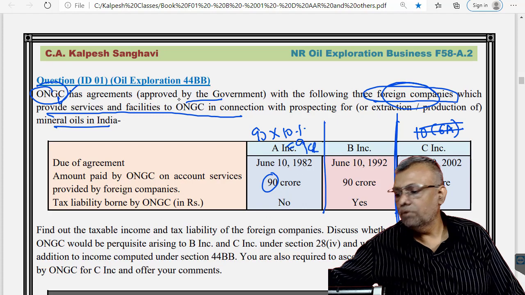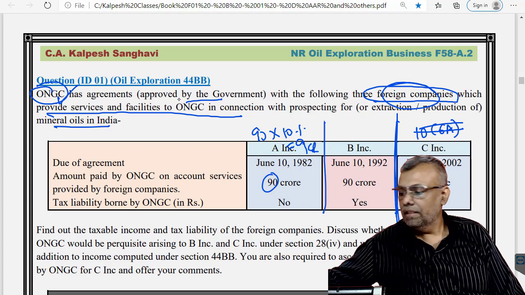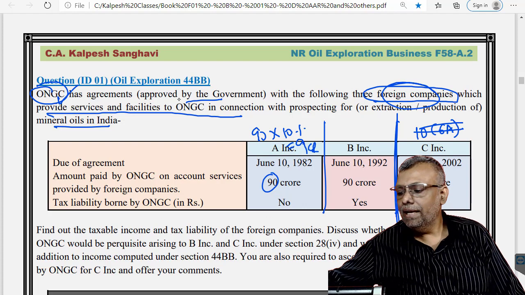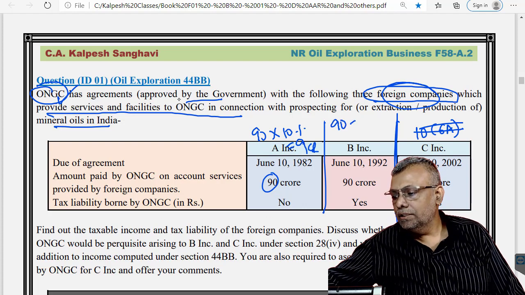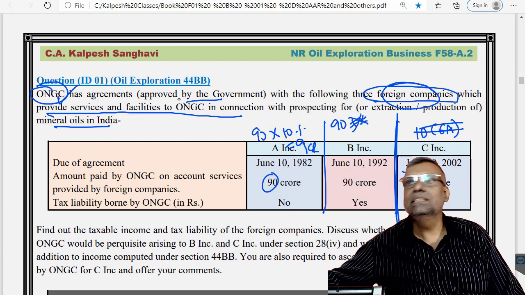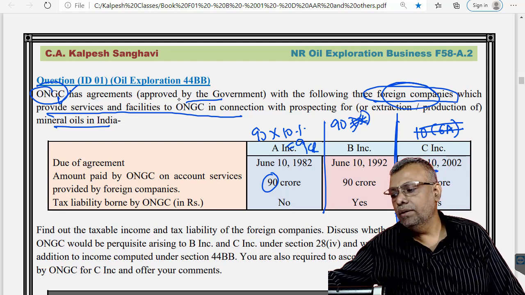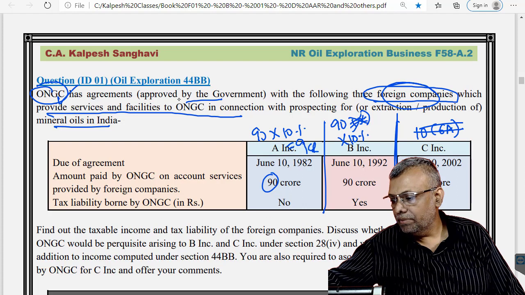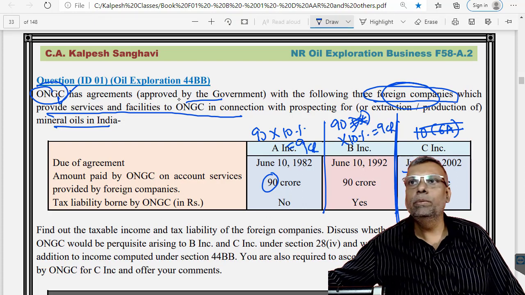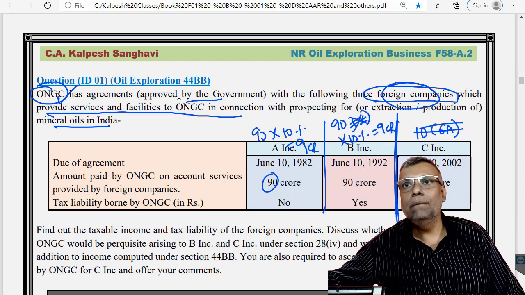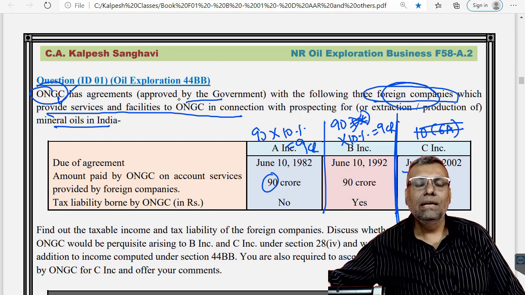Now with respect to BINC, logically it should be 90 plus X, but the X is exempt, and that's the reason it is not taken into account. So again, multiplied by 10% is equal to 9 crores. This is going to be the net income. On that, I'll have to multiply with the tax rate of the foreign company, the applicable surcharge and the cess, and get the amount of the tax liability.